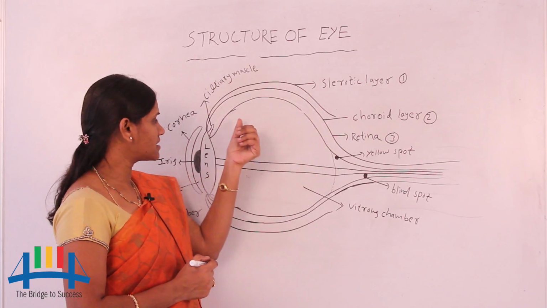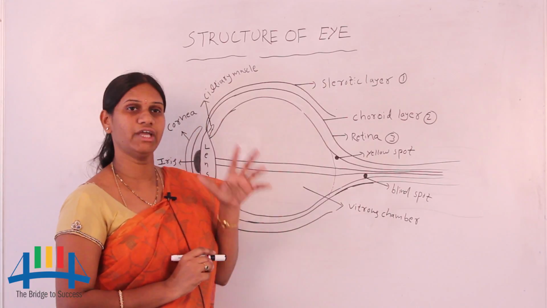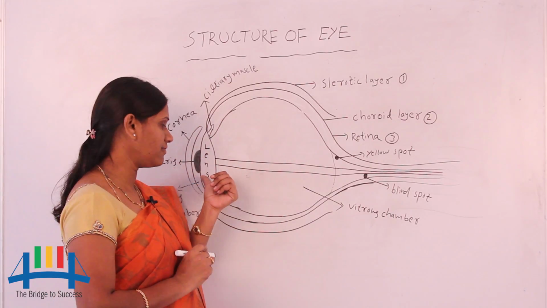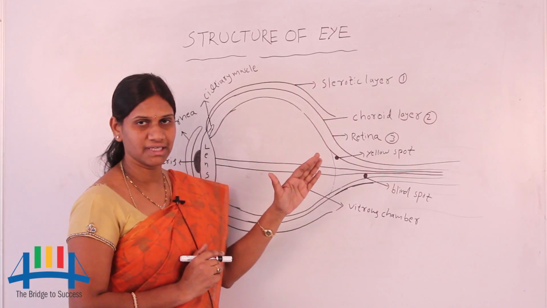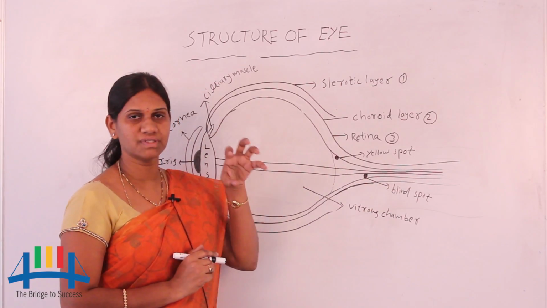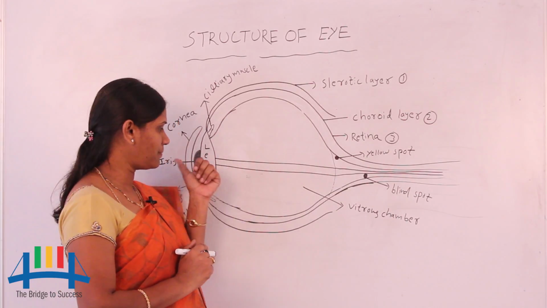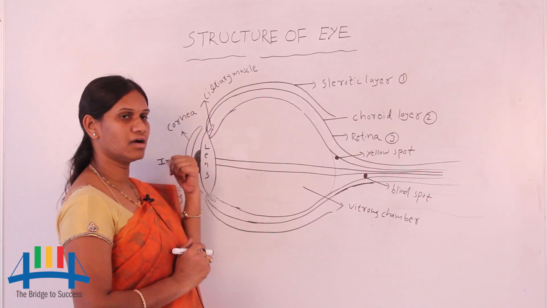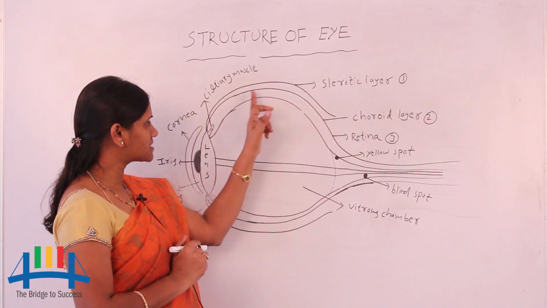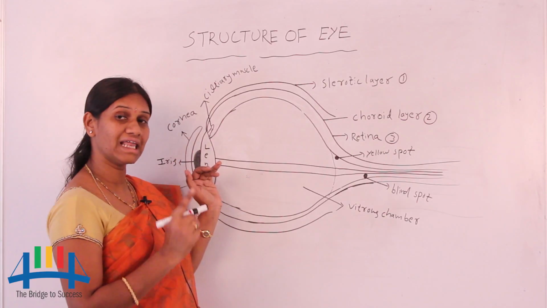The next most important part is the lens. When we look at any object, it helps the passing of the image from outside to the inner side. When we observe an image or an object, it is sent to the retina, the third layer, through the lens.